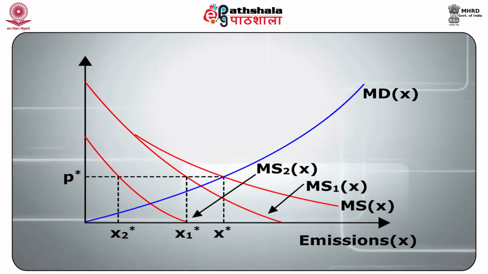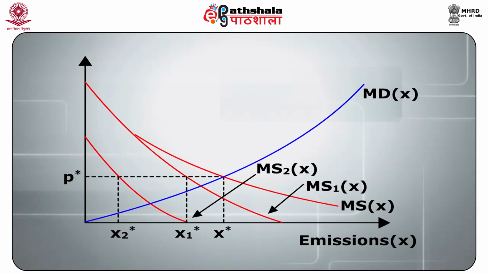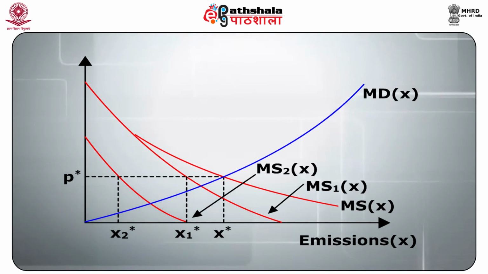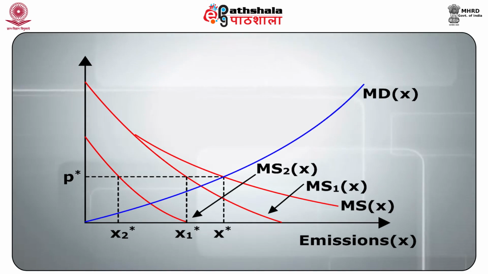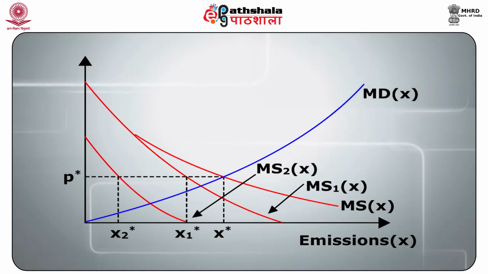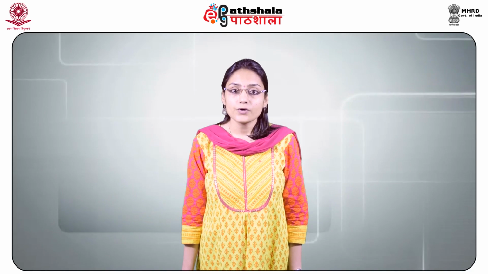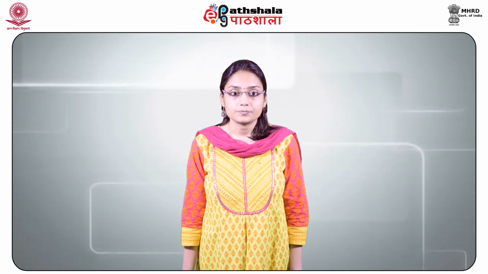At this fee level, firm 1 will emit X1 star level of emissions, whereas firm 2 will generate X2 star. Each firm's marginal savings from polluting is set equal to the Pigouvian fee: MS_i(x_i star) equals P star. Furthermore, MS(X star) equals P star.